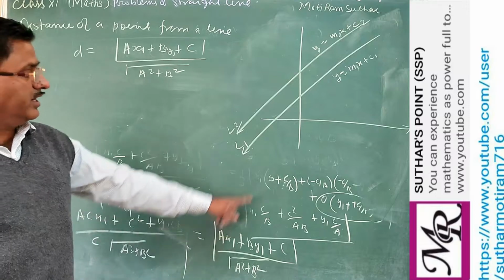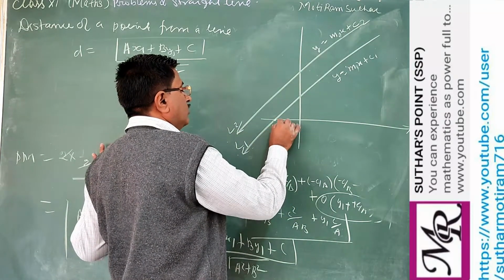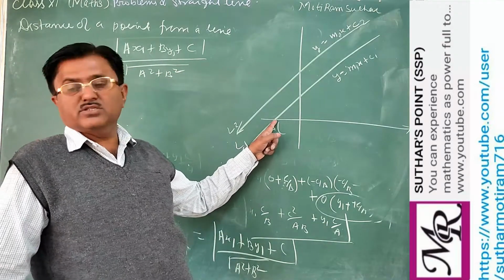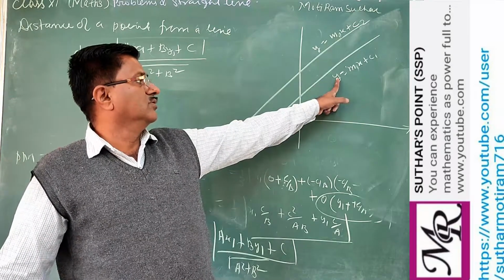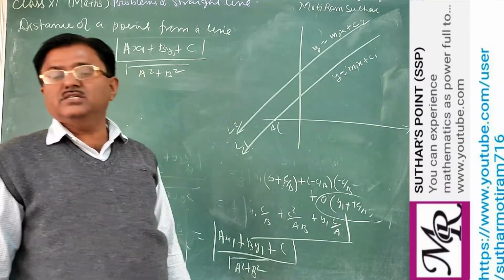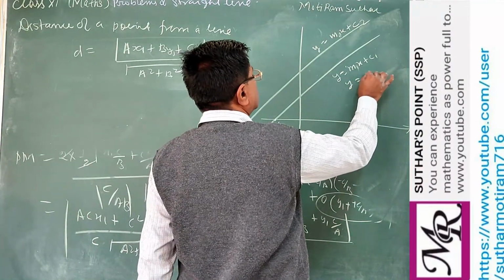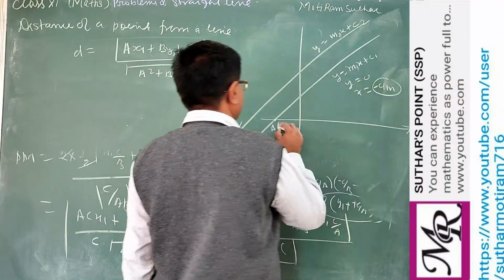Now this line passes through the x-axis. So if you want to find the coordinate, y will be 0. Here put y equal to 0 and solve. So x will be minus c1 upon m.